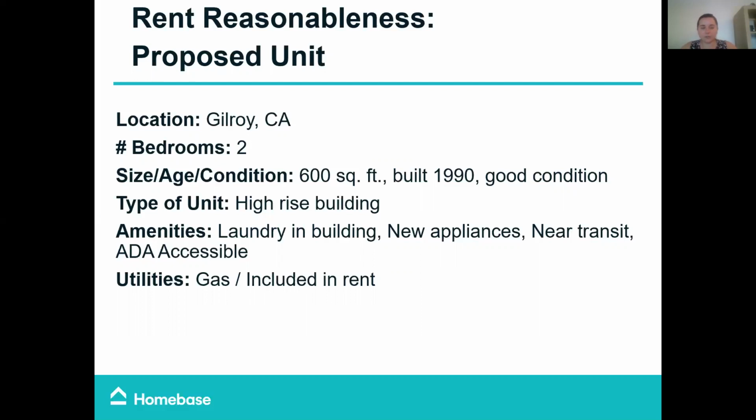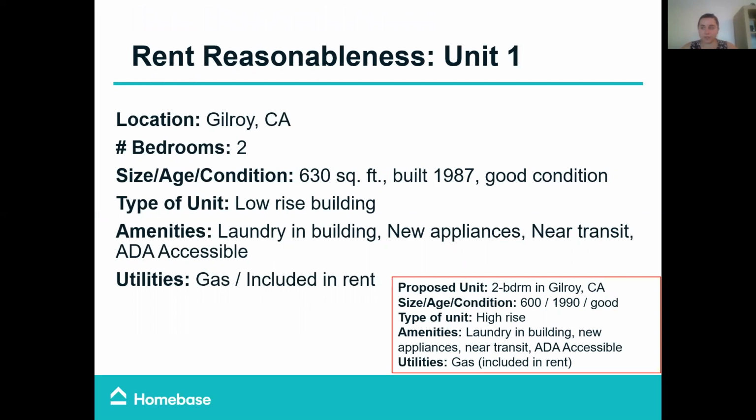Amenities include laundry in the building, new appliances, near public transportation, and ADA accessible. And finally, gas utilities are included in the rent. So now the details from this proposed unit are going to pop up on subsequent slides as a little red box on the side as we start to look at other units and determine together whether or not these other units are comparable to this one.